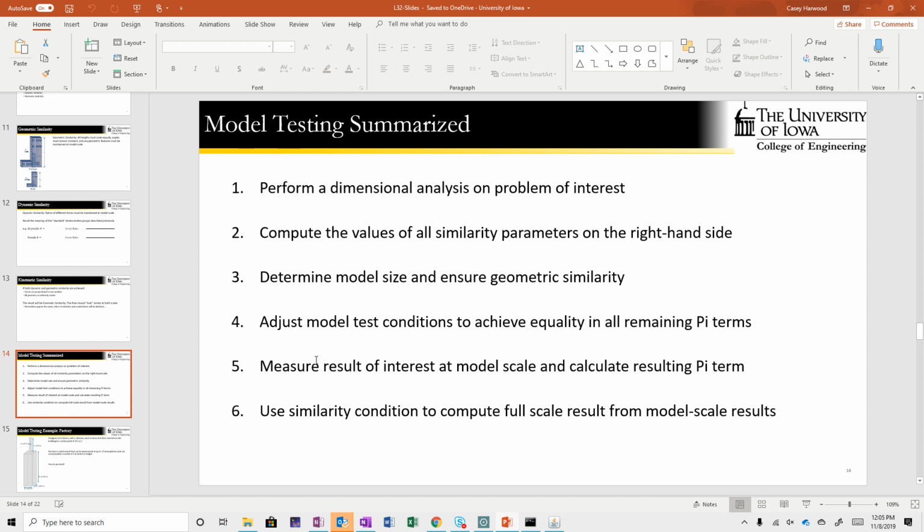Step 2 is compute the values of all similarity parameters on the right-hand side. In other words, in order to do model scaling, everything that's on the right-hand side at your prototype scale, you've got to have a value to assign to that.